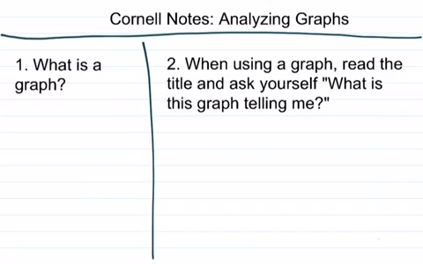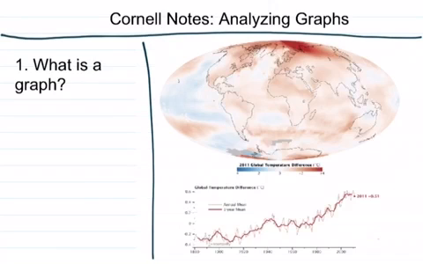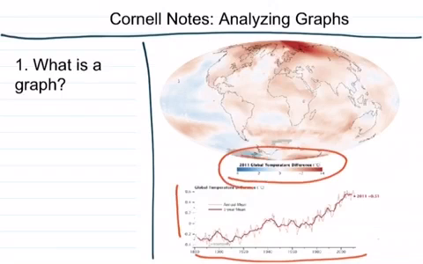Alright, last idea. And remember that you can rewind this video if it's going too fast, or pause it. Okay, let's look at this graph. Kind of complicated. There's a lot of things going on. Another thing you notice with graphs is that aside from having the x and the y-axis that have information, such as this graph has the years and the temperature difference, sometimes graphs also have keys. If you look at this one here, it has a key, like a legend, and it tells you that red means that there's an increase in temperature, and that blue means that there's a decrease.